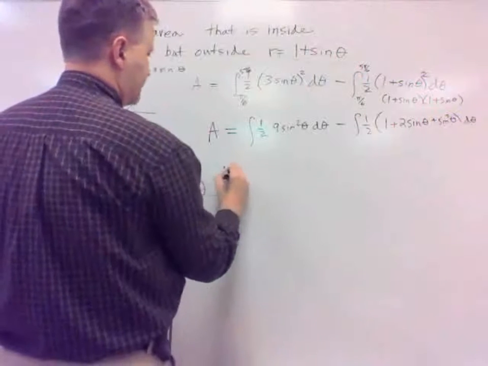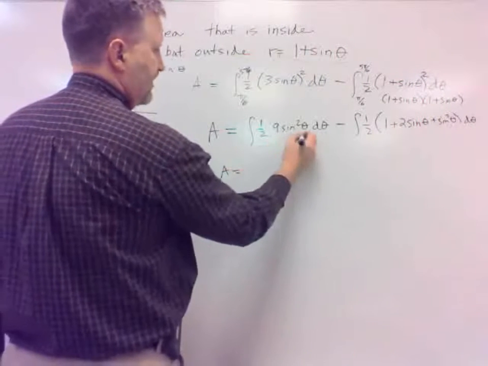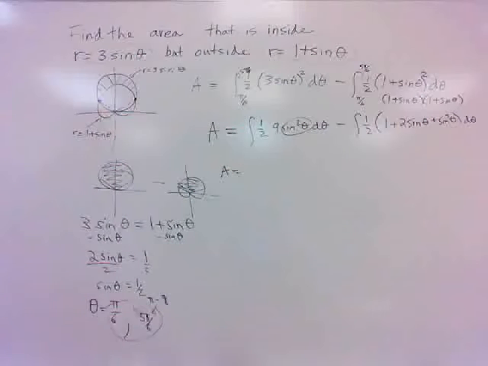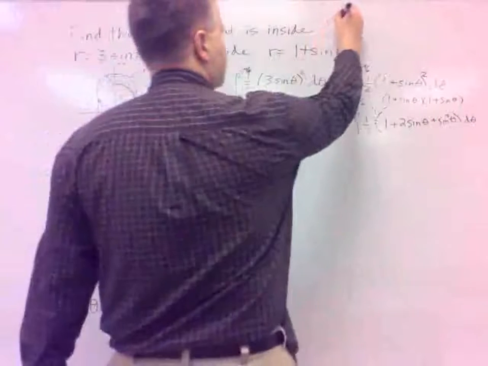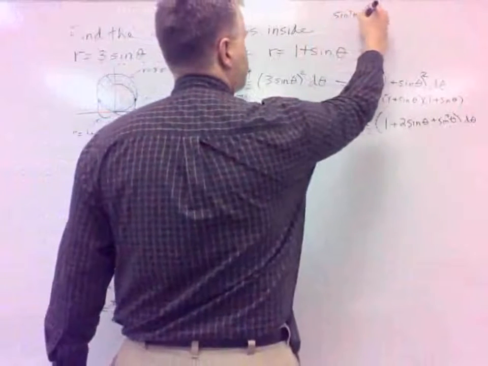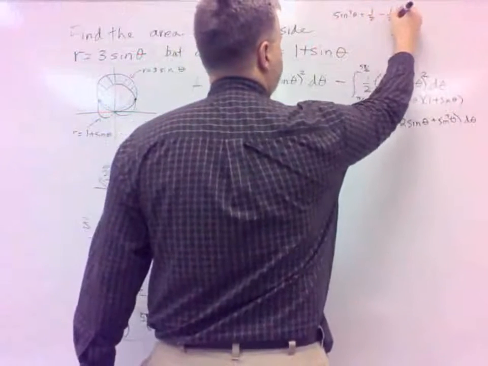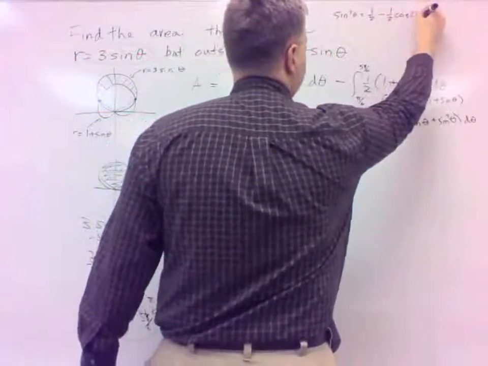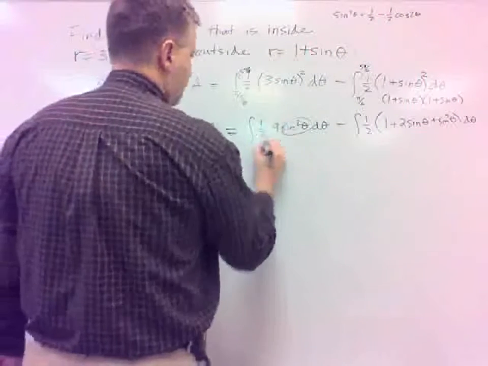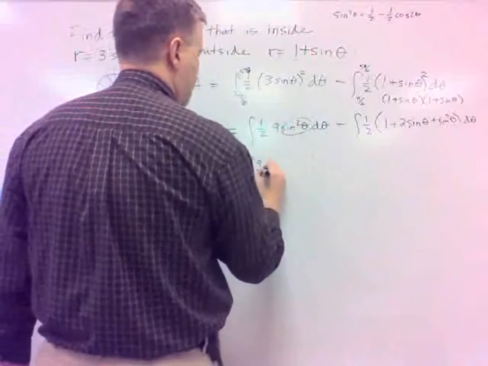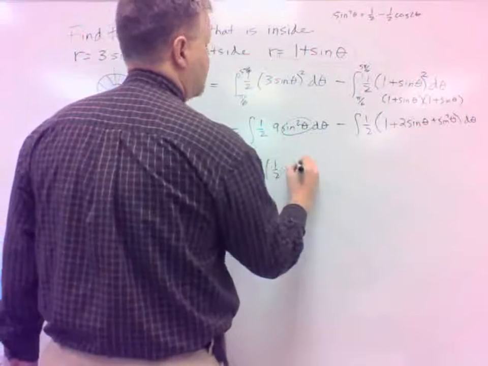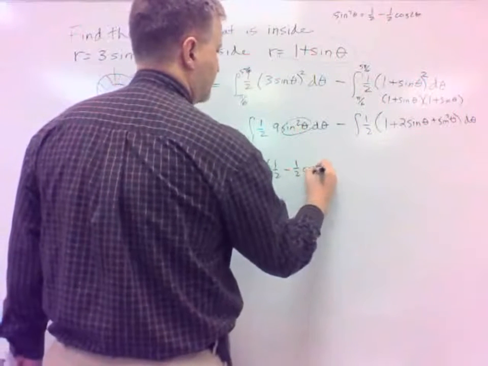Now we're back to a squared sine. So that's, again, the half angle. Sine squared theta is 1/2 minus a half cosine 2 theta. And of course, that's 9 halves. So that would be the integral of 9 halves times 1/2 minus 1/2 cosine 2 theta.